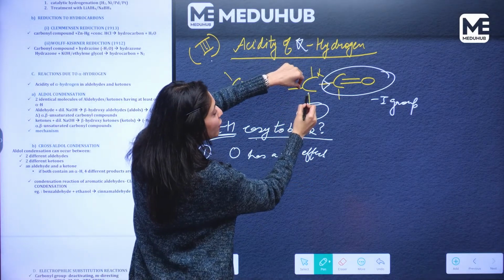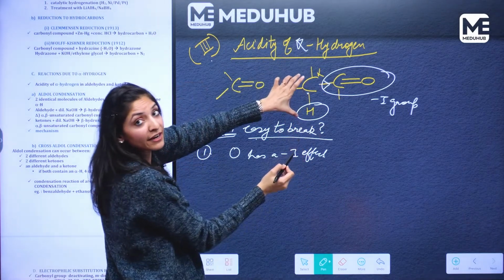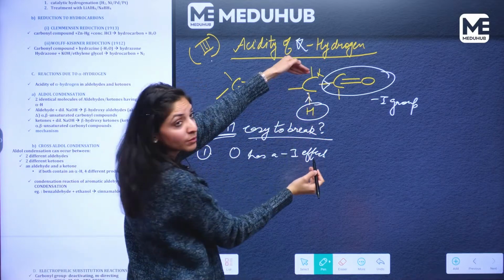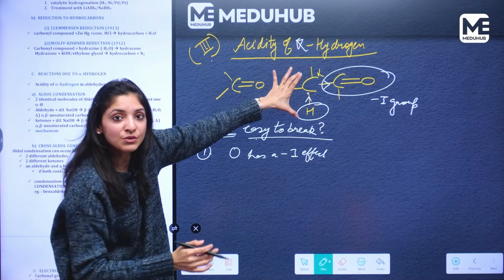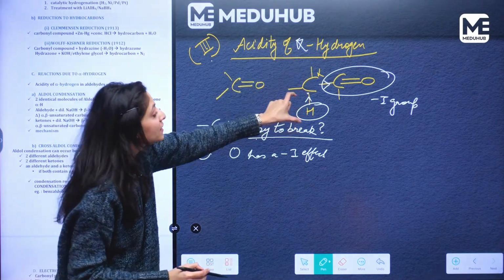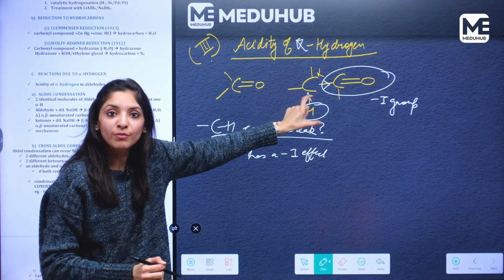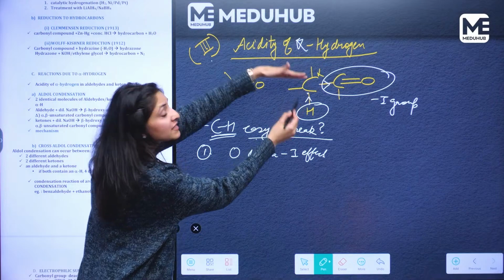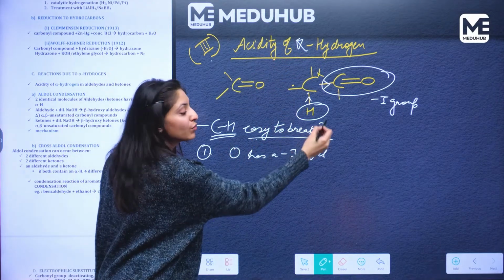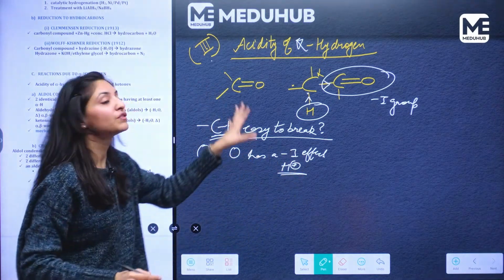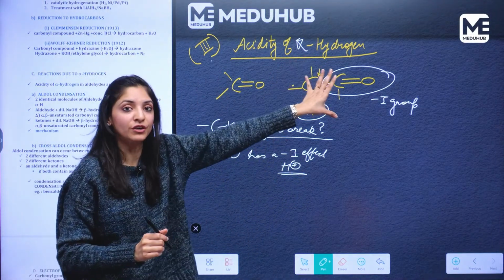Consequently, the pair of electrons between this carbon and hydrogen, that is the electrons in this covalent bond, are also pulled towards this carbon. So now if in this bond the shared pair of electrons is more towards carbon, this hydrogen can be easily removed by a base. This movement of electrons towards this carbon facilitates the removal of this hydrogen as a proton. So one is this reason, because of the minus I effect of the carbonyl group.